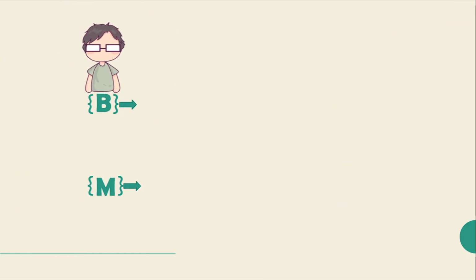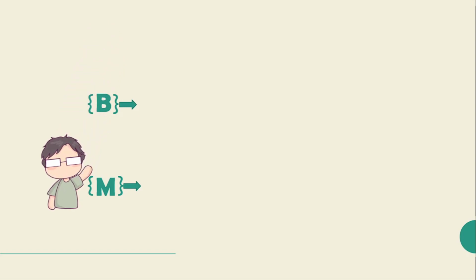Alright, now try to close your nose and pronounce the first one. B, B. Not as easy as we want it to be, but we can still pronounce it. And then try to pronounce the second one, M, while blocking your nose.